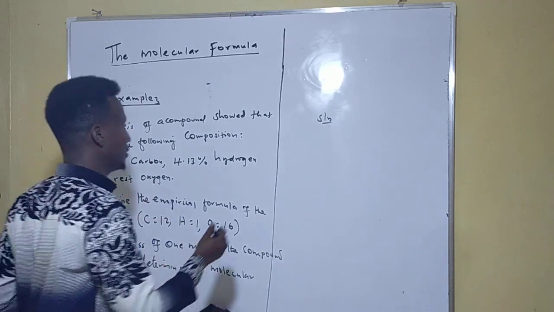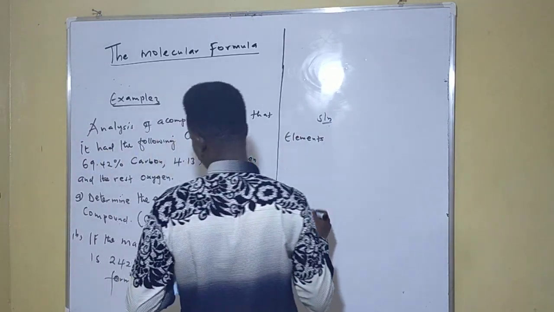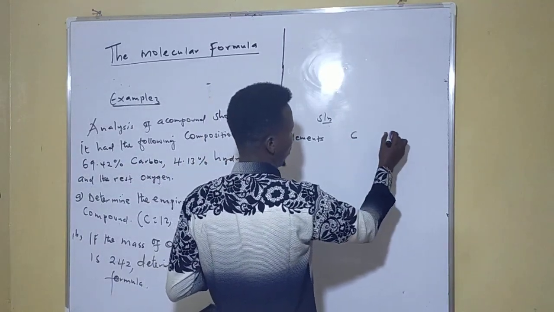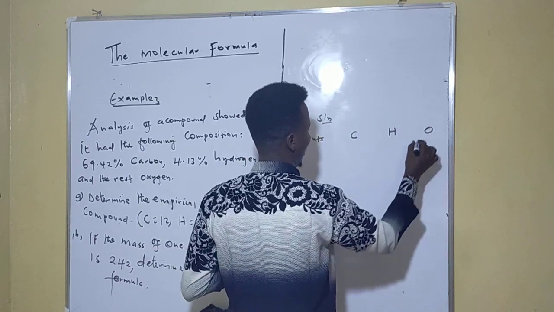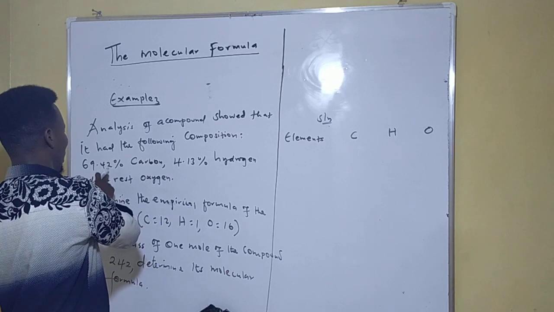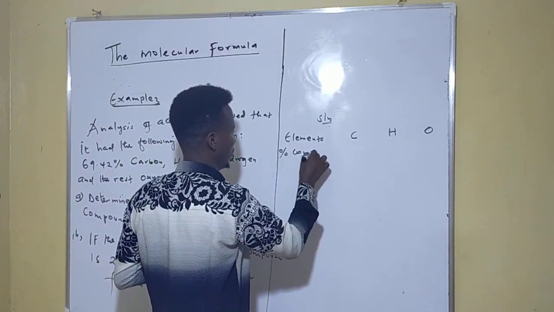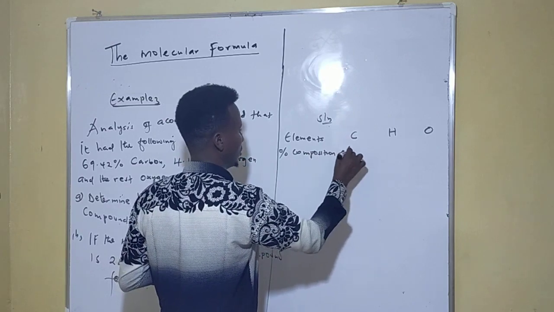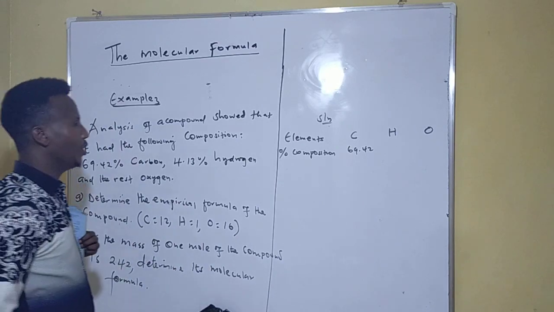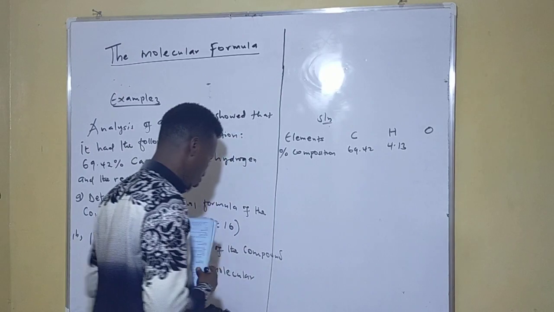So coming to the solution part. We know that the elements we are having are carbon, hydrogen, and oxygen. So we are told 69.42 is for carbon, 4.13 is for hydrogen.